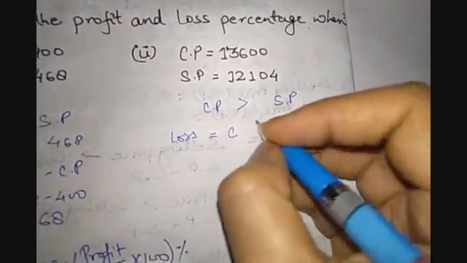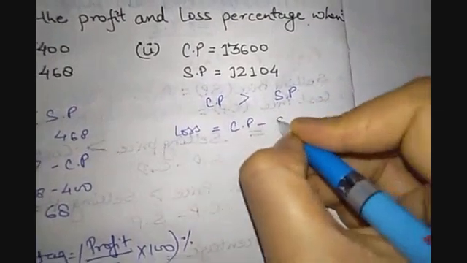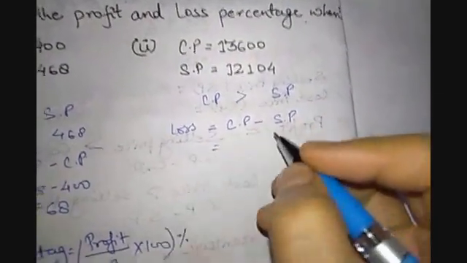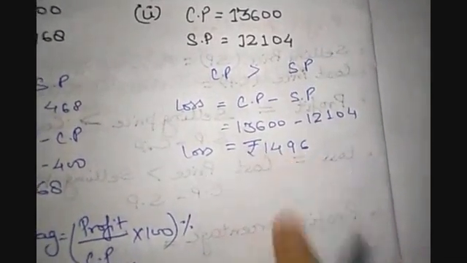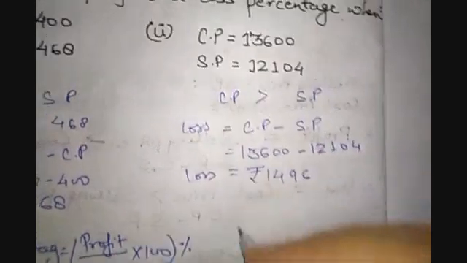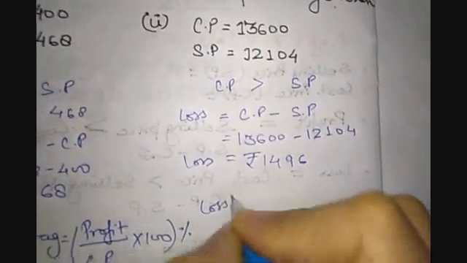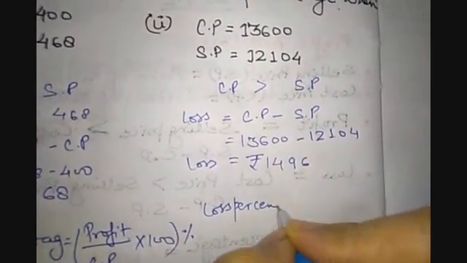In that case, CP minus SP. I am at a loss of rupees 1496. Again, I need to find the loss percent.